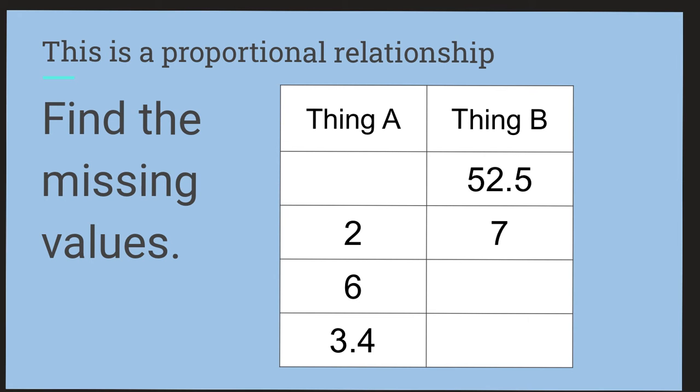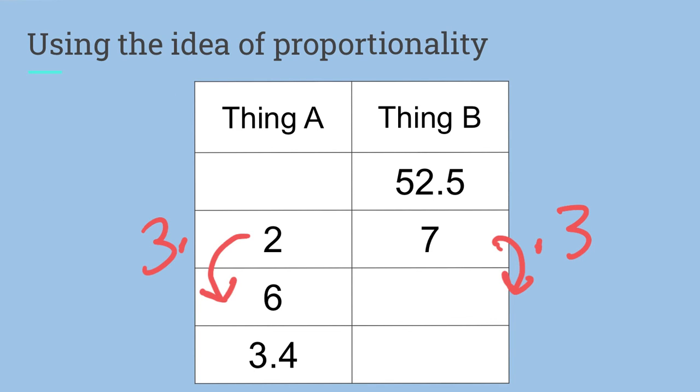On these next few slides, we're going to explore, if we know that a relationship is proportional, how we can find the missing values. We're going to explore a couple of ways to do that. One way is how we started with the idea of proportionality. If I triple one side, I should triple the other side. So 3 times 2 is 6. 3 times 7 would be 21.